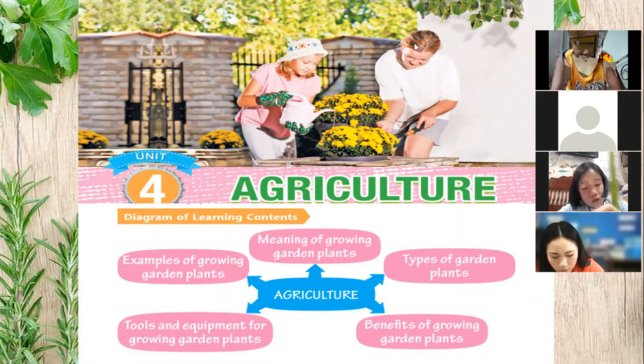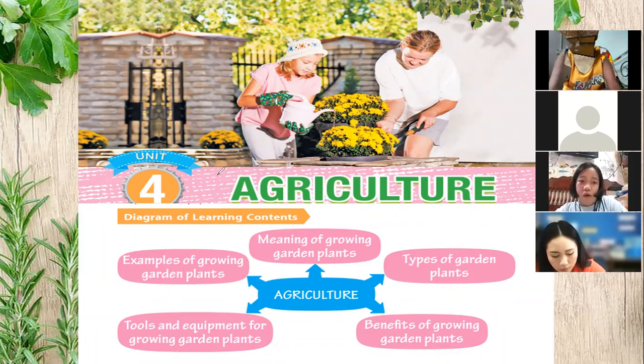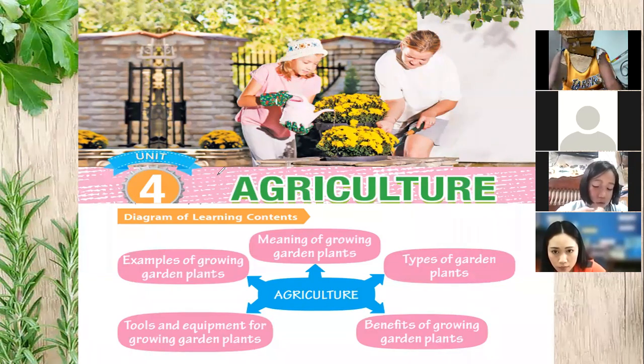Agriculture. So in this unit, what are we going to learn? We are going to learn about the meaning of growing garden plants. Then we'll have some examples of growing garden plants. Also, we are going to discuss the types of garden plants.